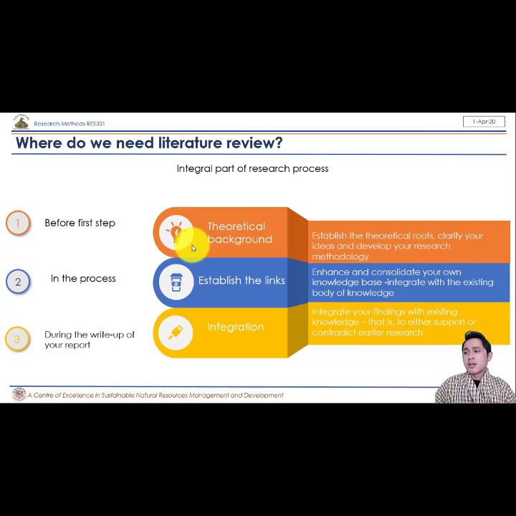So what I mean is, even before choosing the topic, a literature review, if done properly and correctly, can enhance the theoretical background and clarify the ideas on which you are going to work. And it can also help you modify your methodology in future.